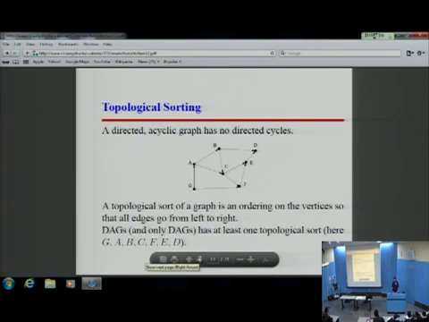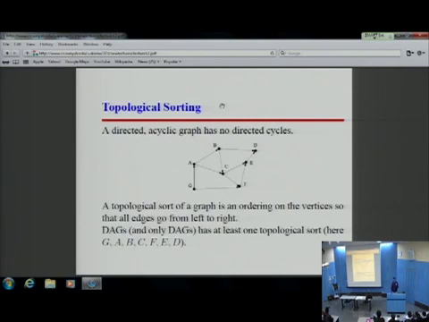Here we're talking about directed graphs. The claim is that if you have a directed acyclic graph, meaning directed, no cycles, there's an ordering of the vertices so the edges all go from left to right.